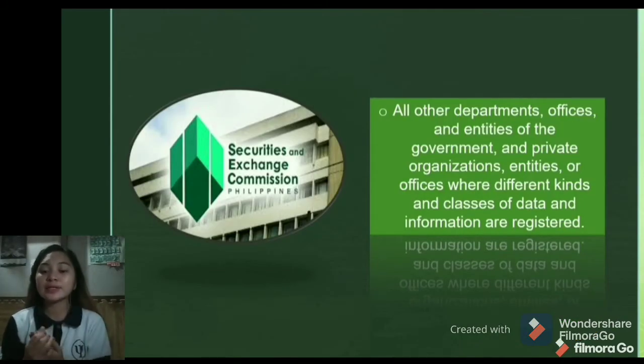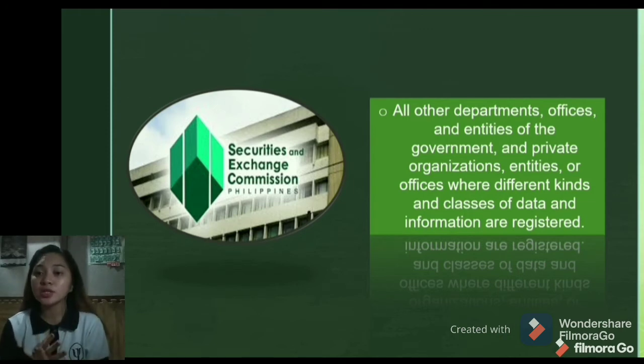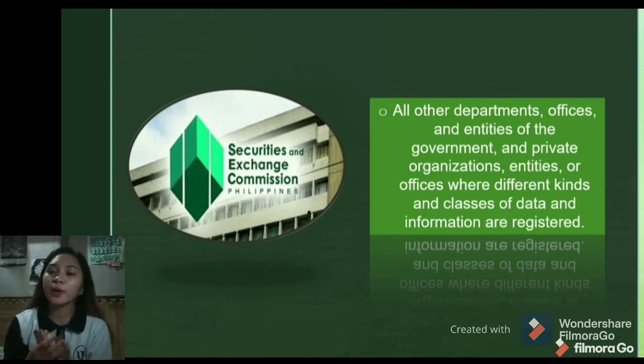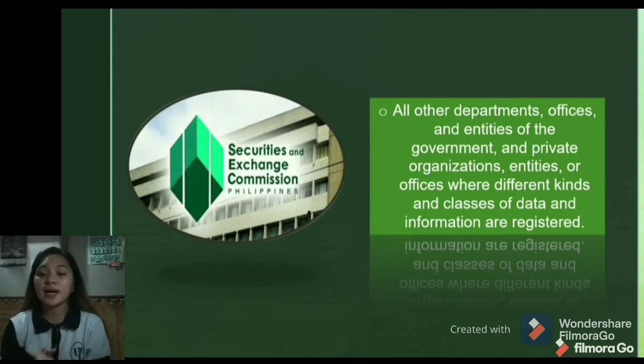Then, the Securities and Exchange Commission, where all trade, industrial, and commercial establishments and other organizations, profit or non-profit, are registered. Lastly, all other departments, offices, and entities of the government, and private organizations where different kinds and classes of data and information are also registered.